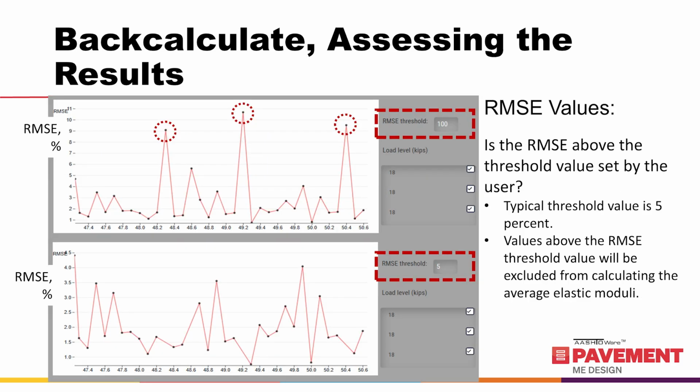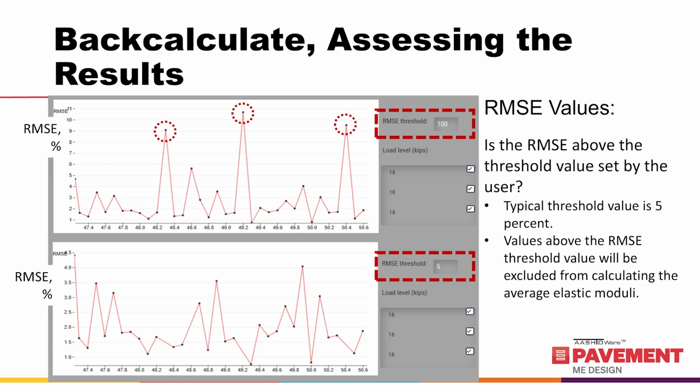The second assessment is to review the magnitude of the RMSE values and consider removing the higher values. The BcT program uses a maximum threshold default RMSE value of 100, so all values are included in the plot shown on the screenshot, but the user can and should reduce that value.